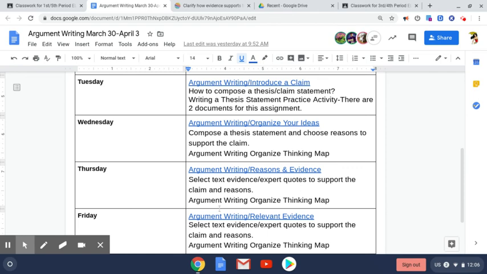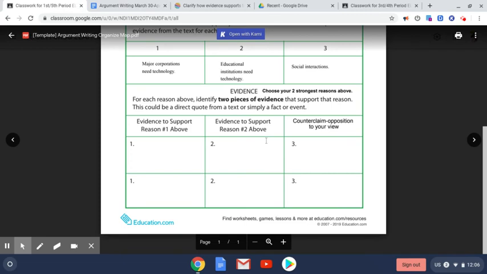And you are using the argument writing organized thinking map. That is this thinking map. Remember, you can open it with Kami. And once you open it with Kami, you can type onto the document.